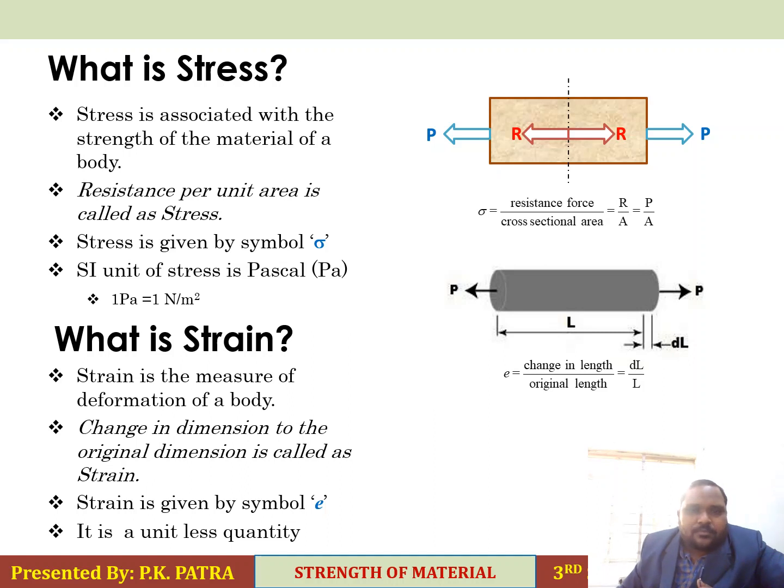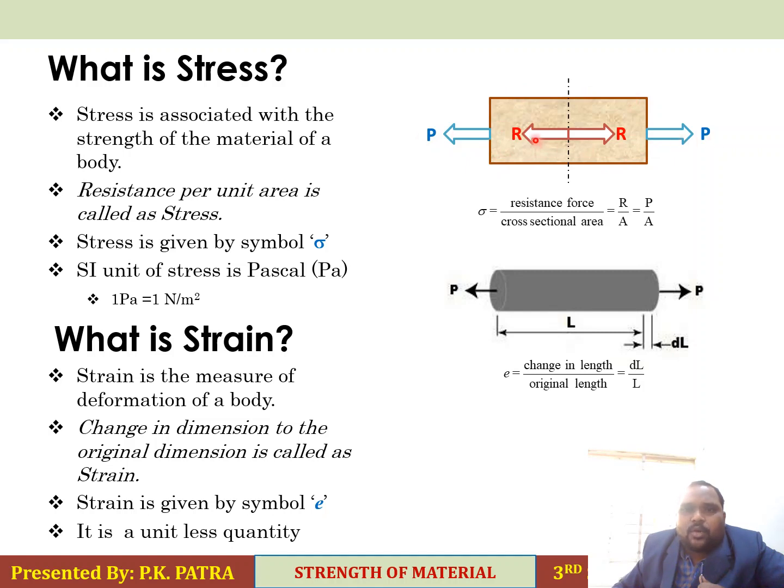Next, what is stress? Stress is the internal resistance that is offered by the material against the deformation caused by the load. Simple. Suppose this one is the material and I have selected this section.